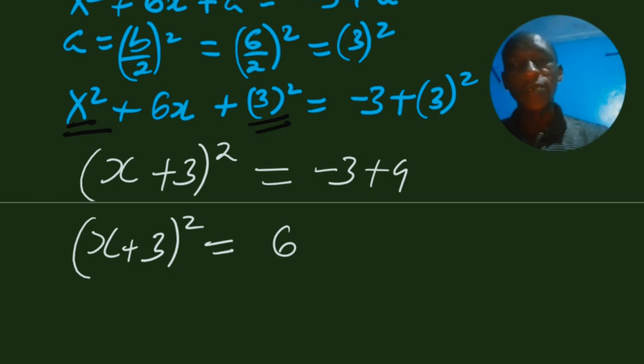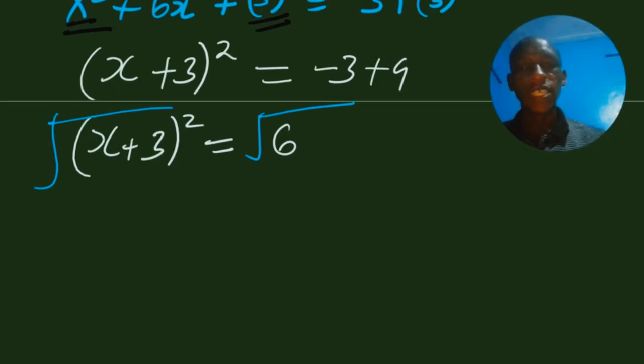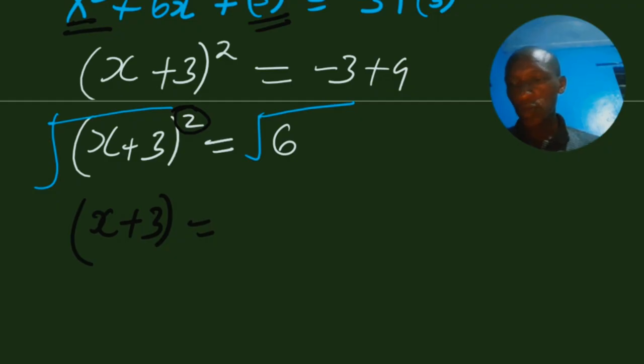So therefore find the square root of each side. If you find the square root of the left side, it removes the square there. You remain with x plus 3 is equal to, to 4 figures, 2.449. So it is plus or minus 2.449.